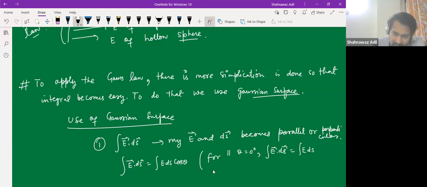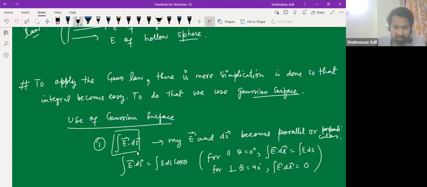And for perpendicular, theta is 90, and cos 90 is 0, so this becomes 0. In this way, we can simplify this integral. That is the purpose of this Gaussian surface.